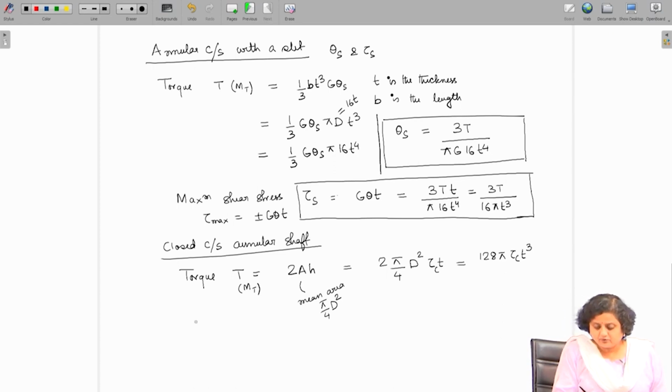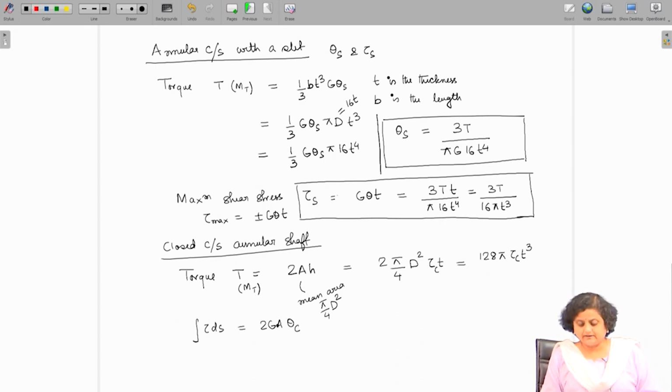Now, from Bredt-Batho theorem, we have the integral of tau ds equal to 2GA into theta, where theta will be theta c, denoting that it is for a closed cross section shaft. Because it is a constant thickness shaft, the shear flow is constant, and therefore tau is also constant. So, tau c into ds is going to be 2GA into theta c.